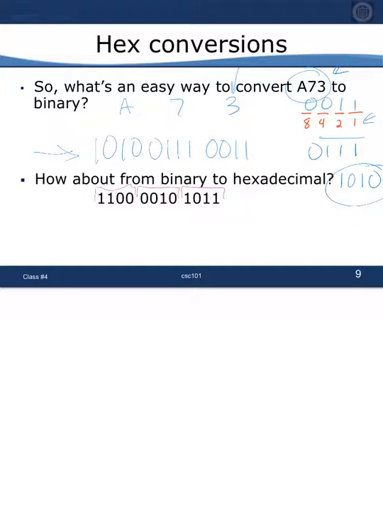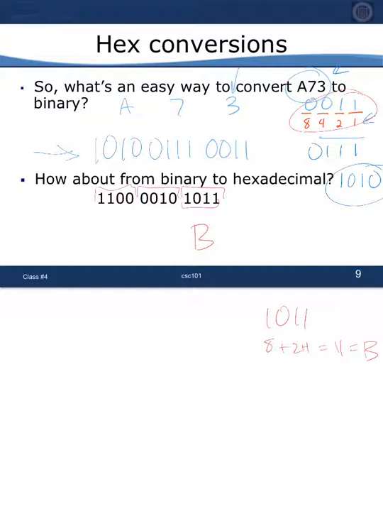So if I start with the first group here, 1, 0, 1, 1, remember our coding system for binary here, that's 8 plus 2 plus 1, which is 11, which in hex is the character B. So this translates into B.